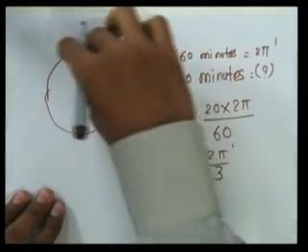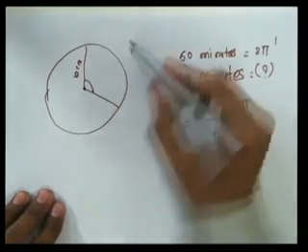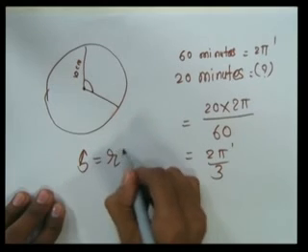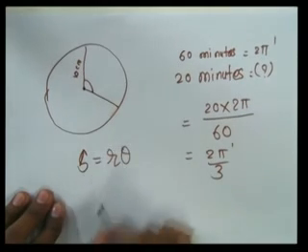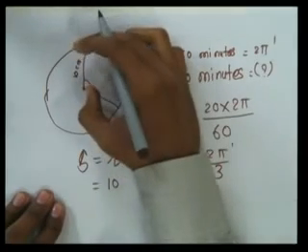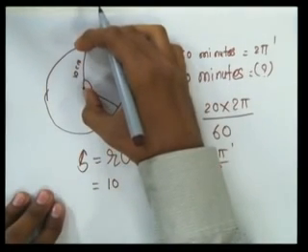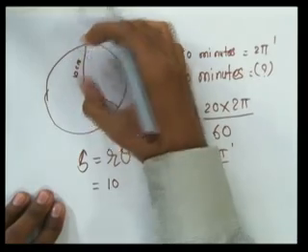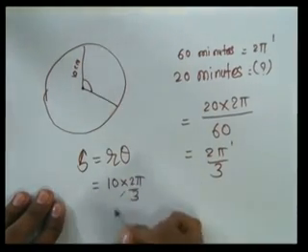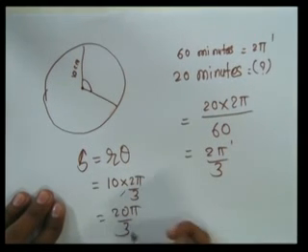The distance moved by tip of minute hand is nothing but arc length. So we have to find arc length S, and that one can obtain using the formula r into theta. Radius is nothing but the length of tip of minute hand, that is 10 centimeter, and angle is 2 pi by 3, that is 20 pi by 3.